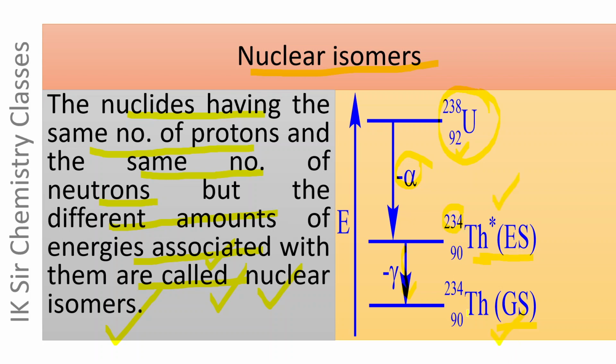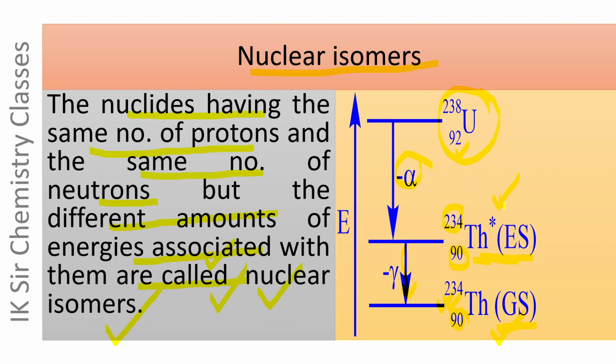These two nuclides have the same number of protons and the same number of neutrons. 234 minus 90, that is 144. It also contains 144 neutrons, but these have different amounts of energies associated with them.